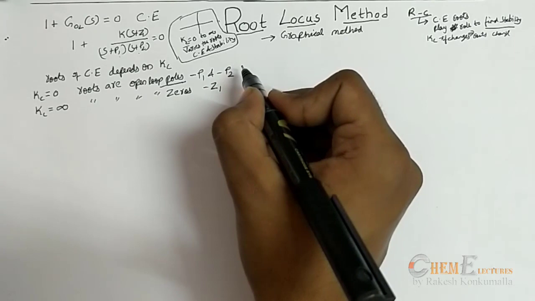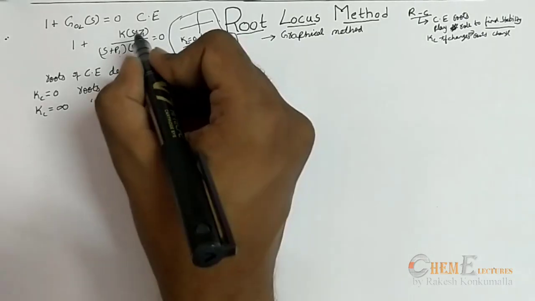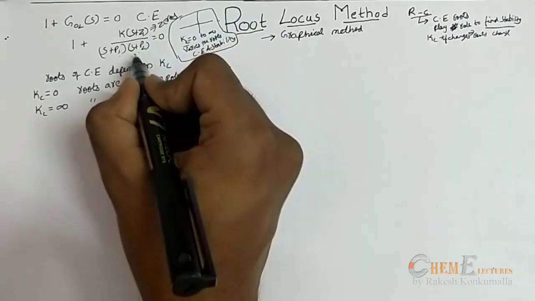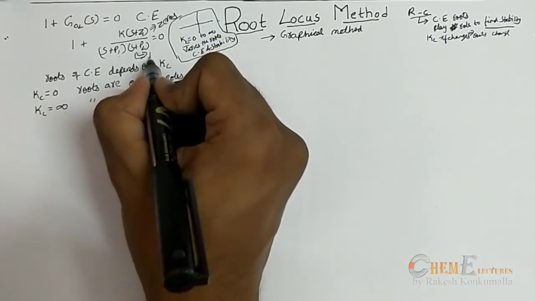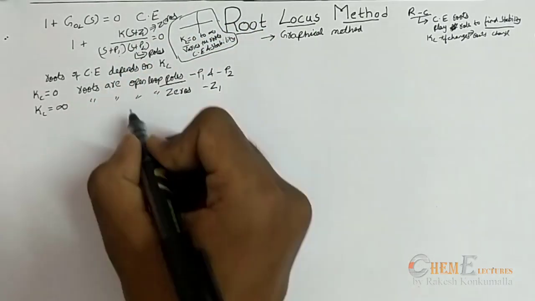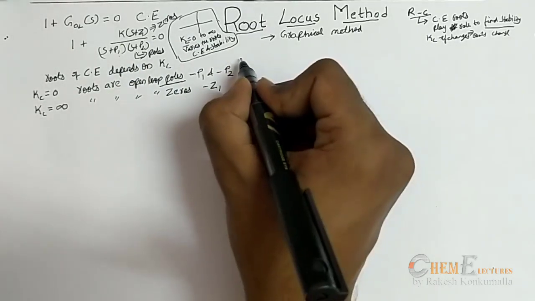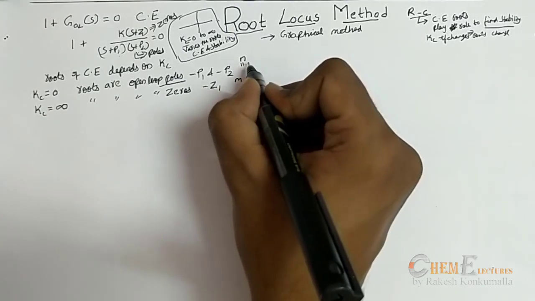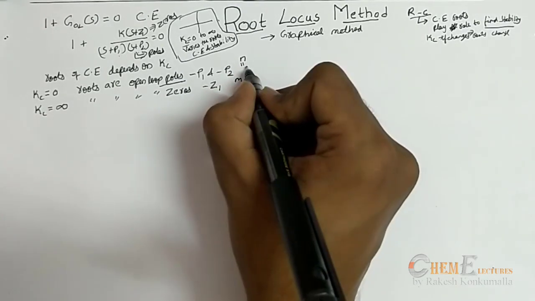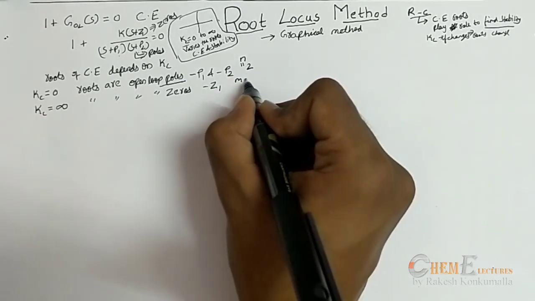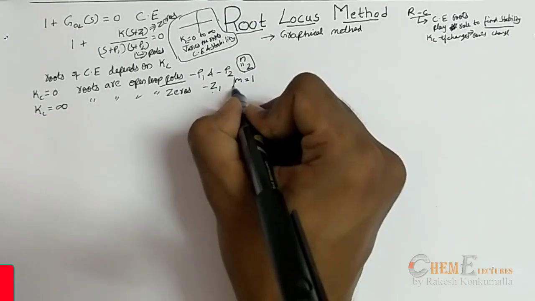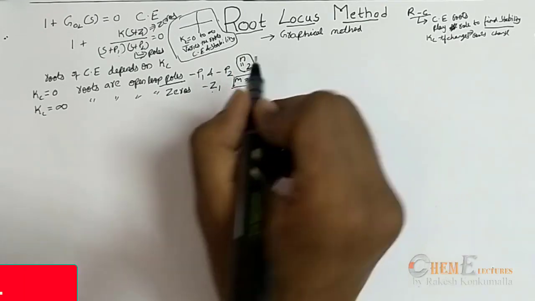You can simply remember that the numerator roots are zeros and the denominator roots are poles. After finding this, I will name n and m: n is the number of poles, which in this case is 2, and m is the number of zeros, that is 1. These are the common terminologies we will be using here.